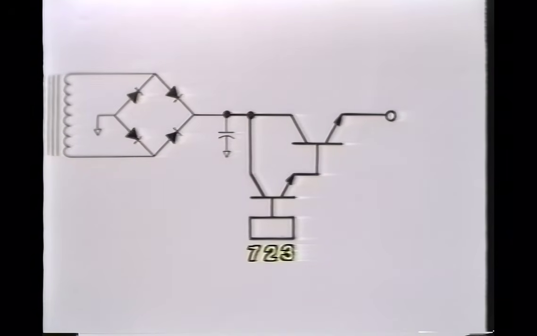But the 723 cannot provide enough current to drive the high current series pass regulator transistor. In order to use the 723 in the high current 5 volt power supply for the computer, the 723 is used to drive a low power transistor, which in turn is used to drive the series pass regulator transistor itself.